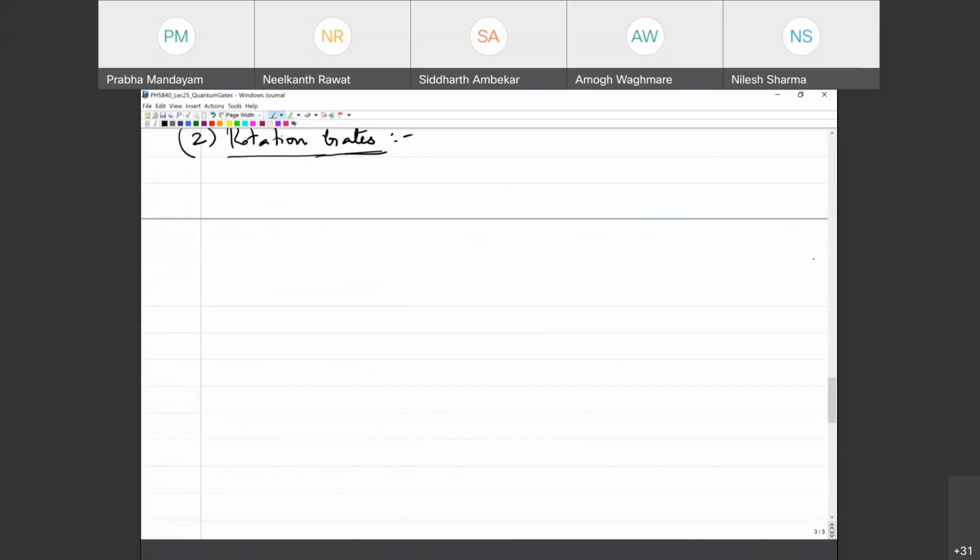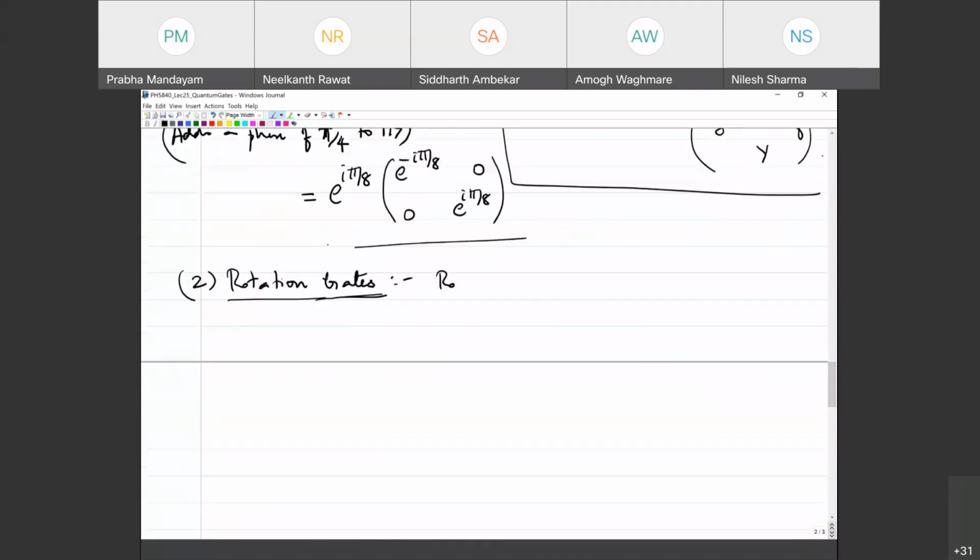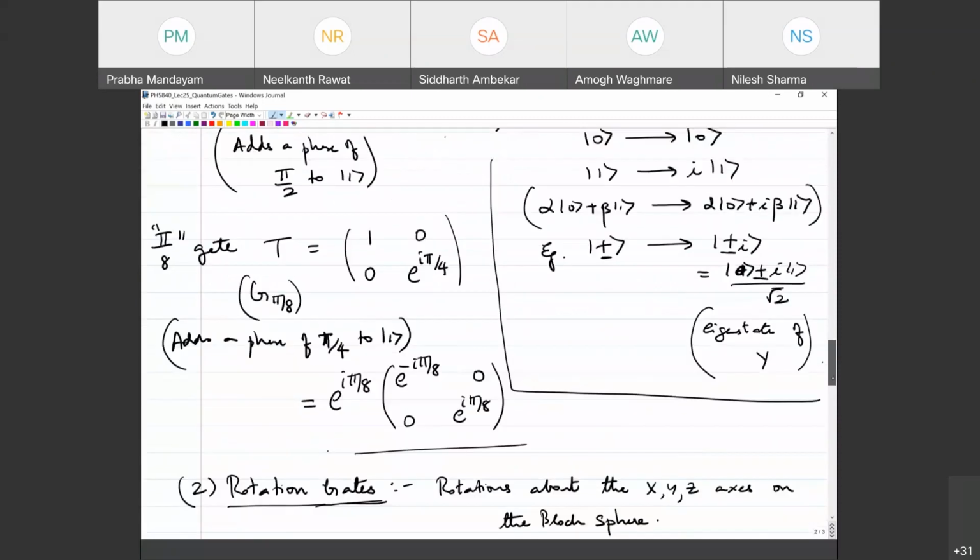So the rotation gates are essentially rotations about the three axes of the Bloch sphere. It's basically taking a state, a point on the surface of the Bloch sphere, and rotating it about one of these three axes. We've already seen that X, Y, and Z gates are themselves specific rotations.